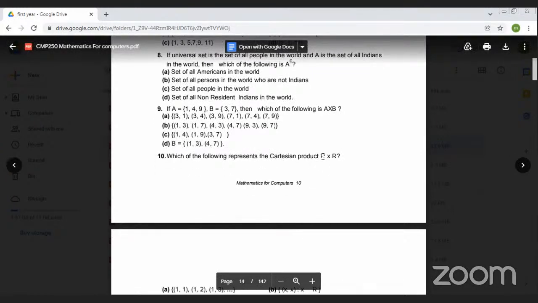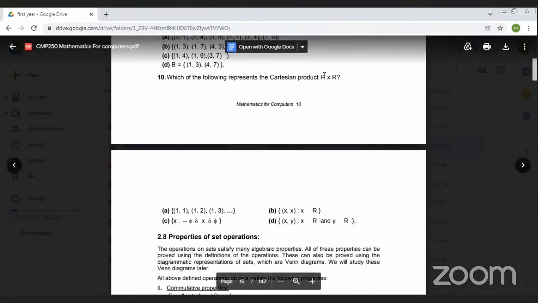Now see, R into R is what? Real number cross real number, correct? So R into R will be what? Your number will be 1, 2. Real number is whole, no? Your negative will also be my real number, so negative numbers will be also included. So this option is not possible.